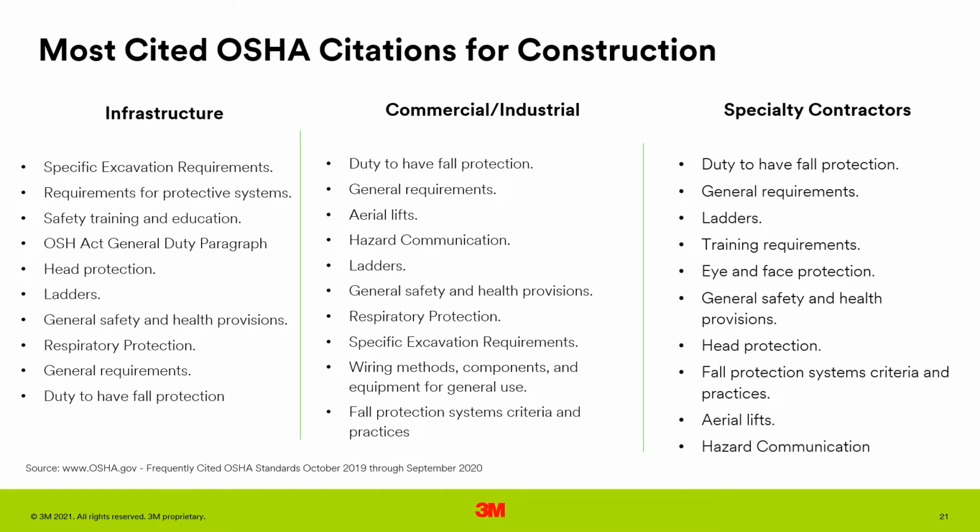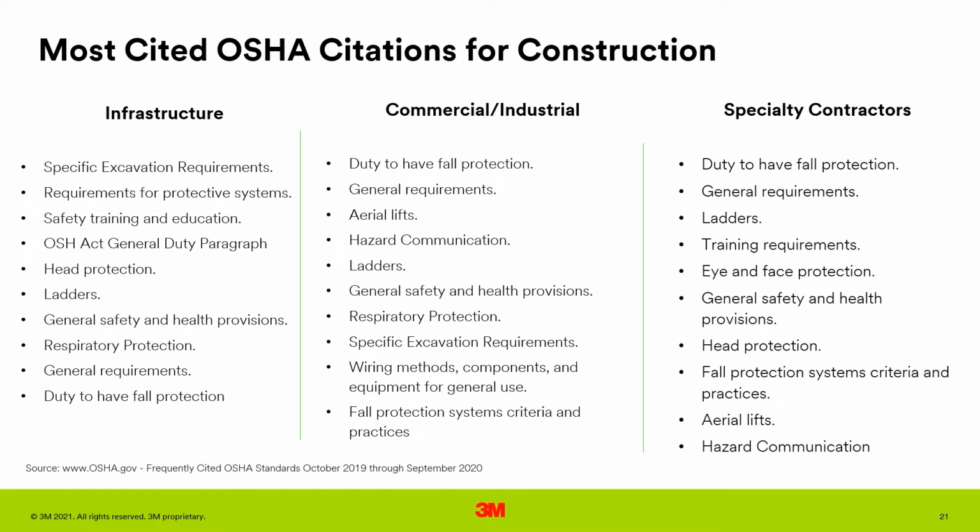So within infrastructure, they're a lot more concerned about trenching and things falling in on them, so you have a lot more issues with that, but certainly head protection, respiratory protection, and fall protection are things to lead with there. You're going to have a lot of concrete work, so that's something to think about. When you're considering commercial and industrial construction, there's going to be a lot of heights, tall buildings, so you're going to see a lot of aerial lifts.